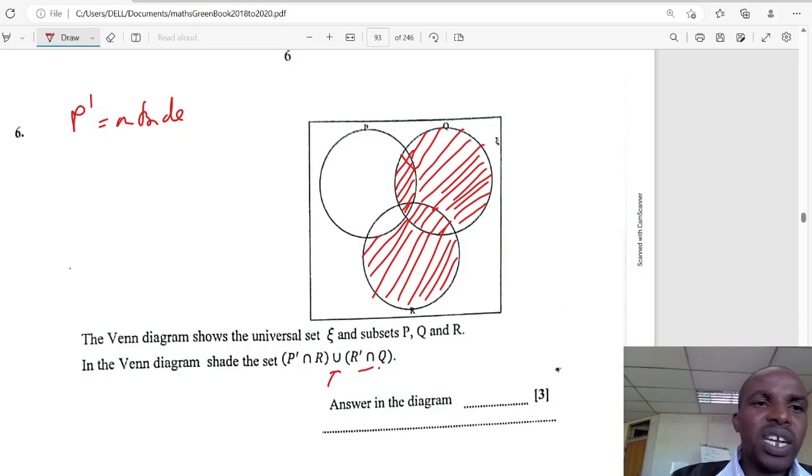It's supposed to be outside R, combined with what is in Q. So this part is also part of the set because it's also in Q. P complement intersection R is outside P intersection R. Then R complement is outside R intersection what is in Q. So this small part, we don't need it.